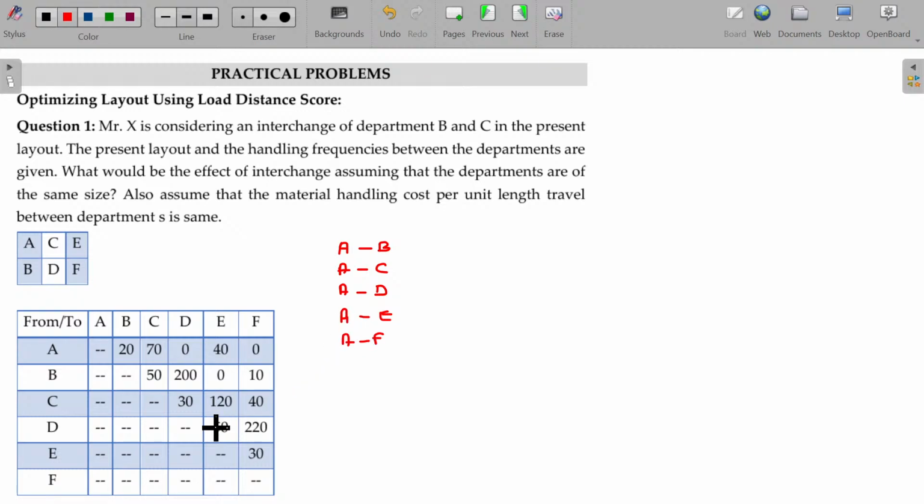From A to E, different departments, we have 5 options. Now what happens to B? B to C. Why not B to A? B to A is otherwise A to B only. So A to B's distance or frequency is added with the distance or frequency between B to A. What is the distance from Trichy to Chennai?